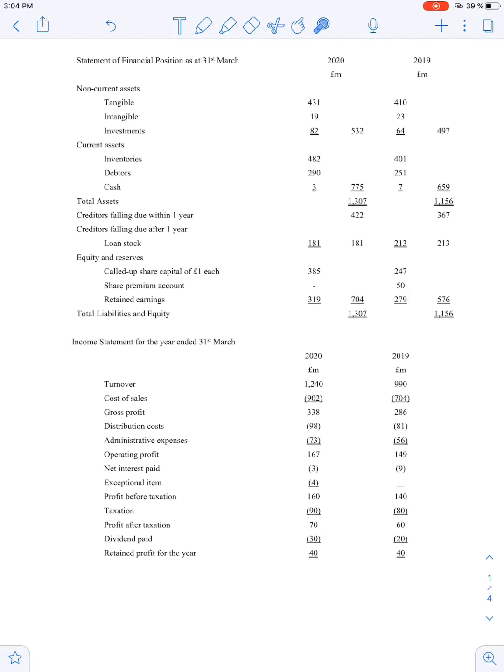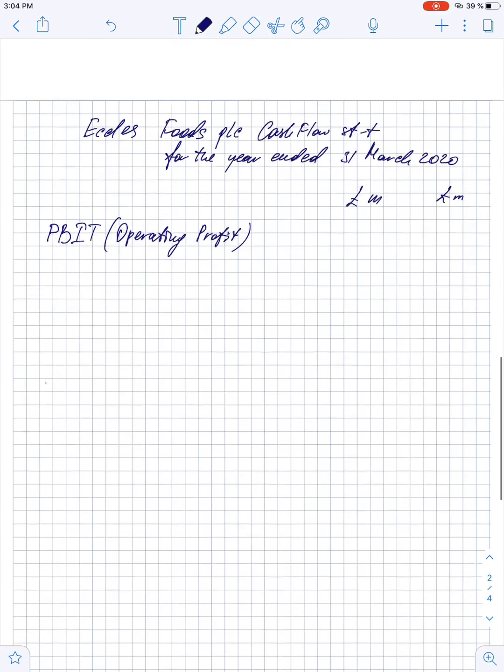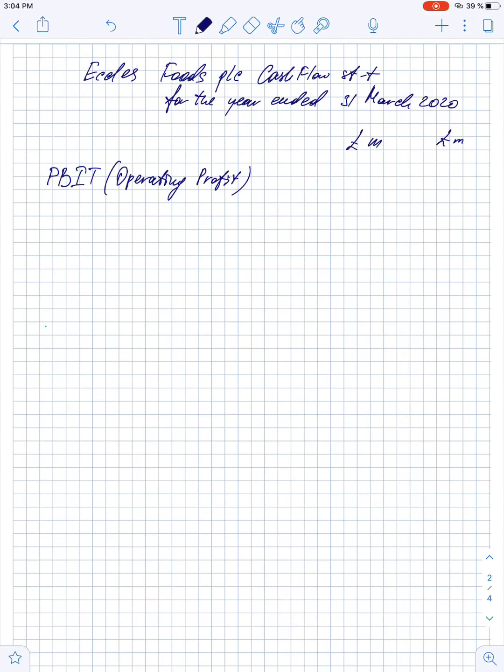We have to find the income statement as at the end of the year, so for the respective period, 2020, and find the profit before tax or operating profit line here. So we have operating profit given in the amount of 167. We have to put that figure as the first figure we start with. 167 should be placed here.